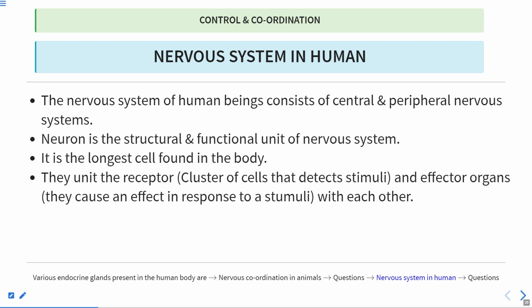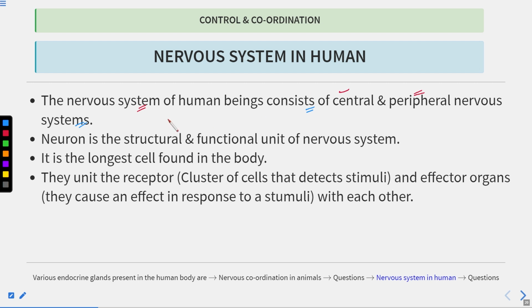The nervous system of the human being consists of the central and the peripheral nervous system. So basically the nervous system comprises two parts: one is the central nervous system and the other one is the peripheral nervous system.